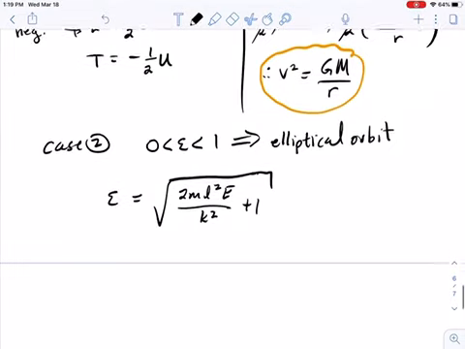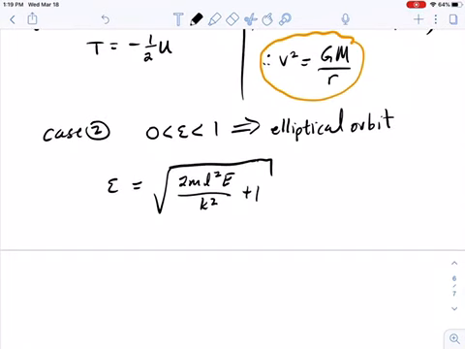Now, let's consider what would happen. Well, okay, first let's make the following observation. All of the little mass m, the L squared, anything squared is going to be positive, and k squared is just a bunch of constants squared.